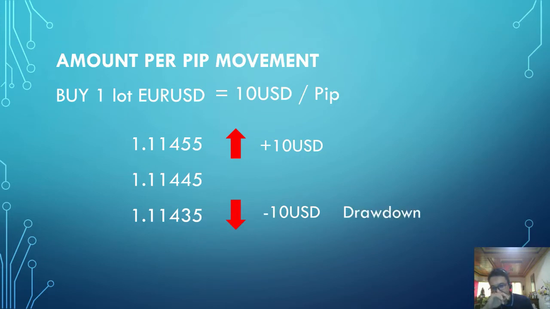That's what we call drawdown. Unless that order is closed manually by you, or closed through the robot, it will still be a paper loss, or a floating amount, which we call drawdown. Now, it could go up or recover, or it could go down and eat up all of your capital. That's drawdown.